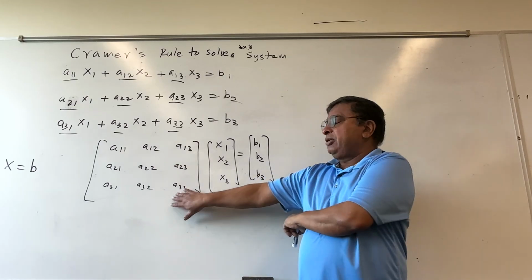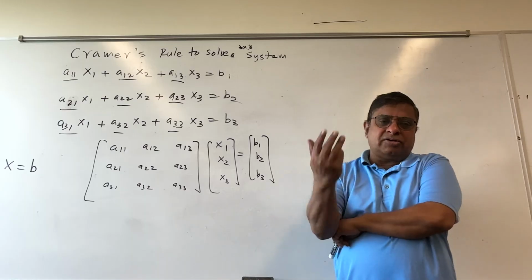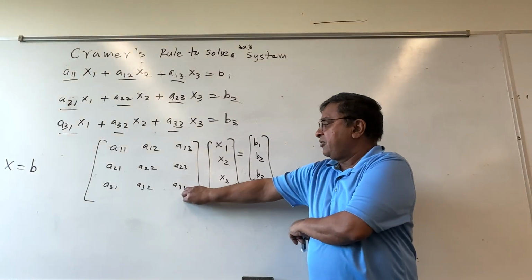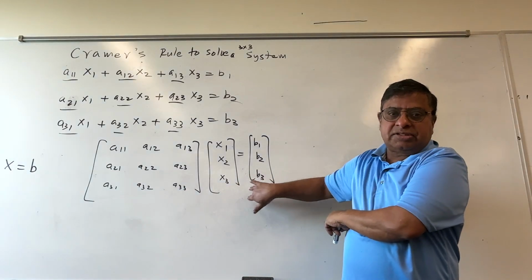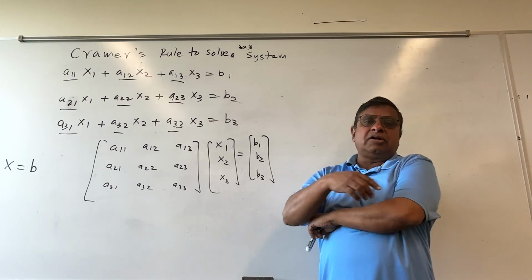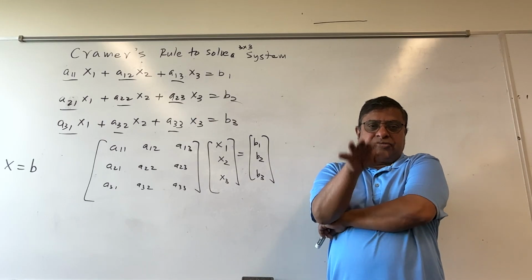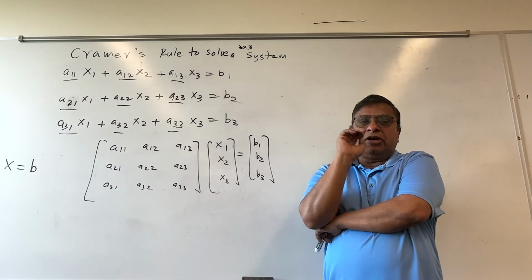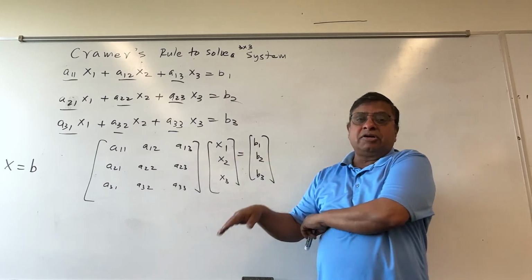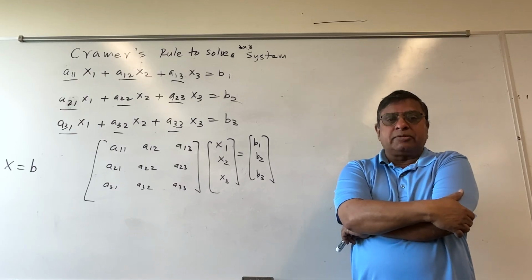If it is invertible, we already have a way to solve it: you simply shift the inverse to the other side, and you could solve the system. That's what we called the inverse method. But this is a little bit different than the inverse method. It gives you exactly what those unknowns are by computing some determinants.